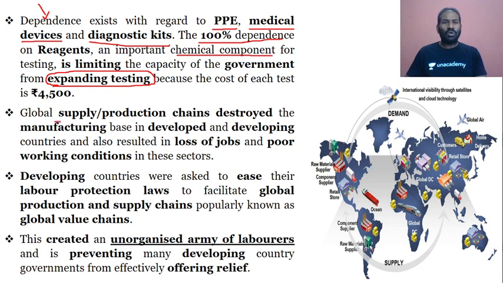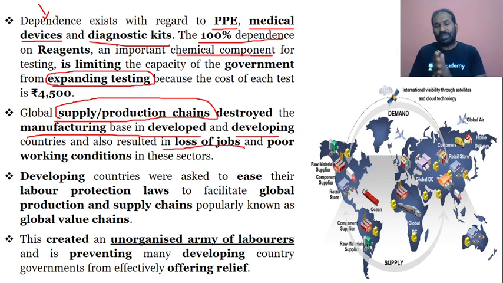And when we look at the global supply production chain system, it has been totally destroyed, because the manufacturing base in developed and developing countries has also resulted in job loss and poor working conditions in sectors because of the pandemic situation.